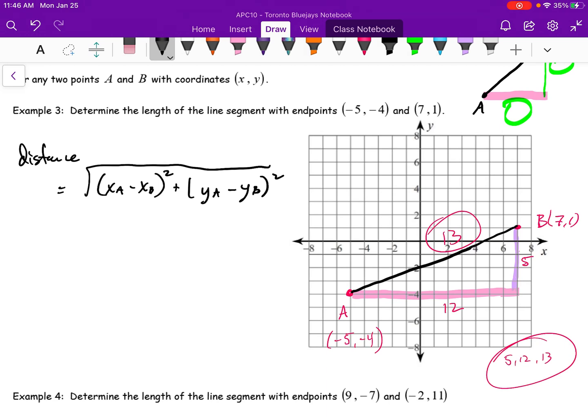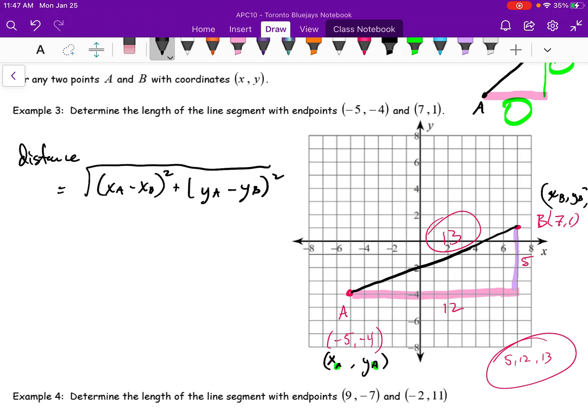So where do these xa and xb come from? Point A has coordinates x, so I write this as xa, and this as ya: the x-coordinate of A, the y-coordinate of A. These little letters are called subscripts, very useful for keeping track of things. My point B has coordinates xb, yb.